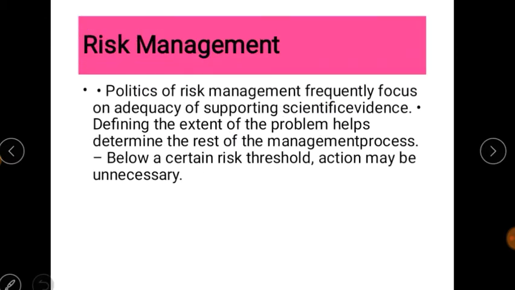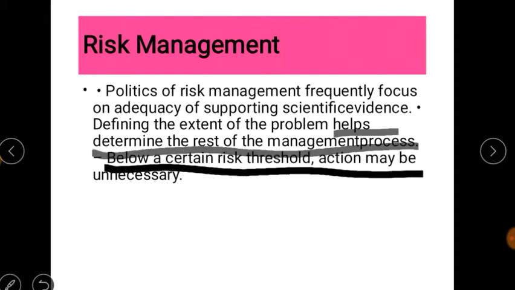Another thing is politics. Politics of risk management frequently focus on adequacy of supporting scientific evidence. Defining the extent of the problem helps determine the rest of the management process. Below a certain risk threshold, action may be unnecessary. What is the risk threshold?